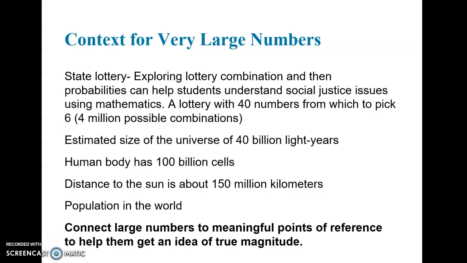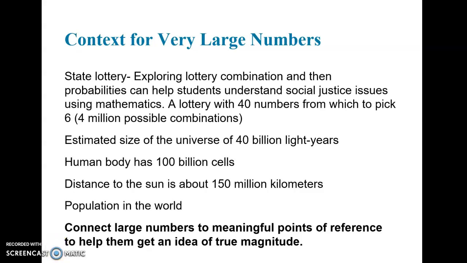Exploring lottery combinations and then probabilities can help students understand social justice issues using mathematics. A state lottery with 40 numbers has 40 times 39 times 38 times 37 times 36 times 35 possible ways in which the balls could come out of the hopper.